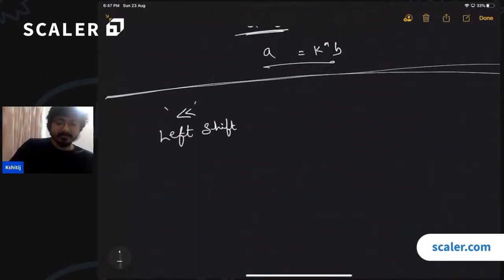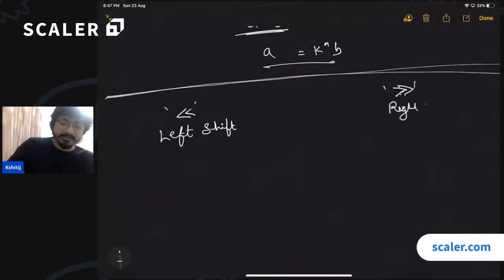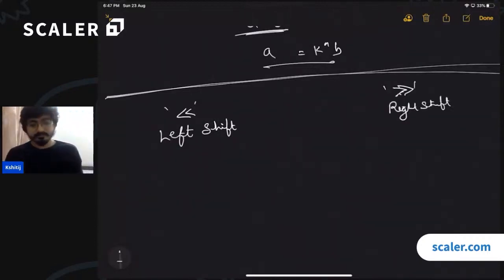Similarly, the counterpart of this operator is called the right shift. What do we mean by left shift? Left shift means you are shifting all the values in the bits towards the left side.